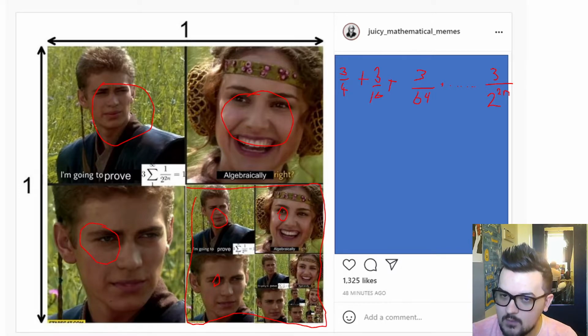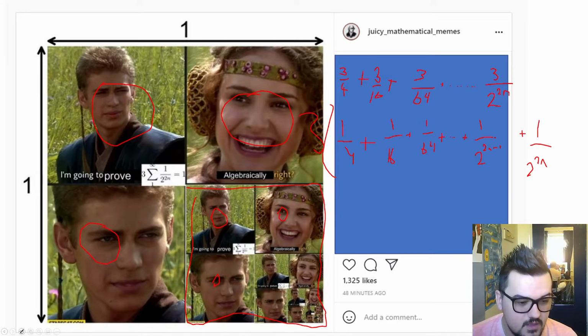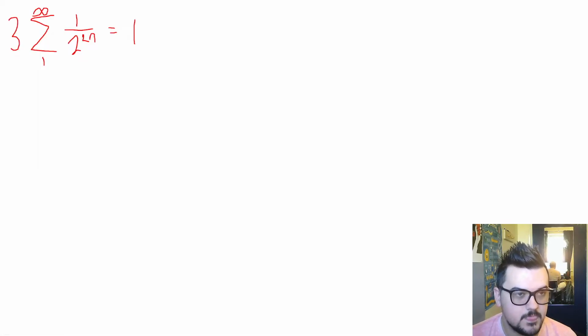If we bring out the 3 as a common factor, we have 1/4 plus 1/16 plus 1/64 plus ... as it tends to the last term, 1 over 2 to the 2n minus 1 plus 1 over 2 to the 2n. So if we go back to here, that's essentially the sum that we're looking for.